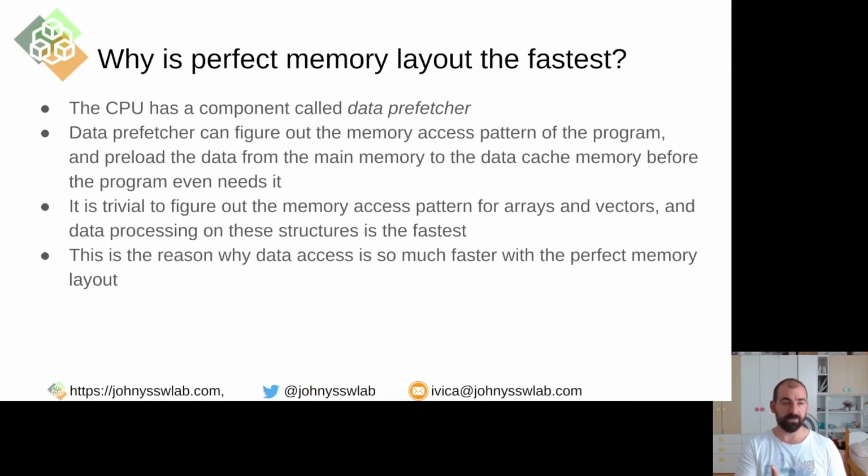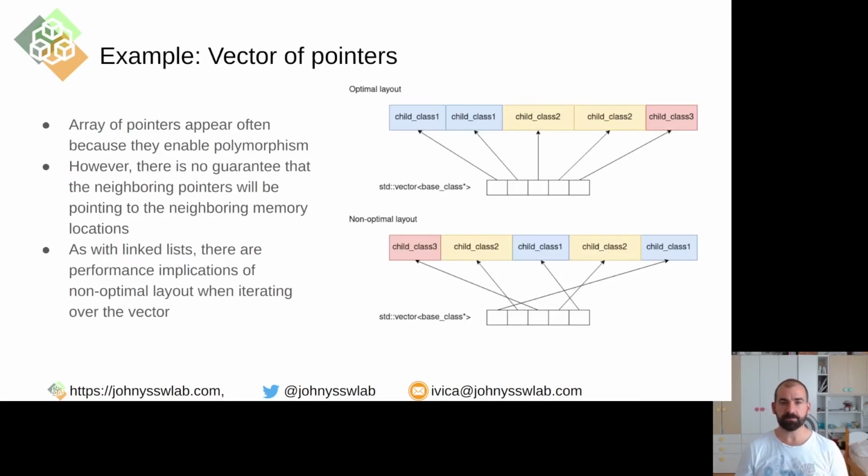For arrays and vectors, figuring out the memory access pattern is typically trivial if you're going sequentially from one side to another. And if you want fast processing, you should use arrays or vectors. So this is the reason why data access is so much faster with a perfect memory layout. The data prefetcher can actually preload all the data before it's even needed.